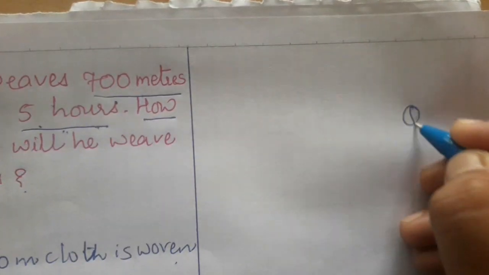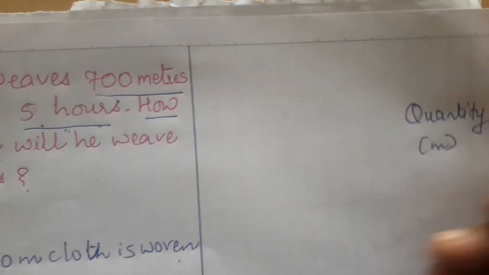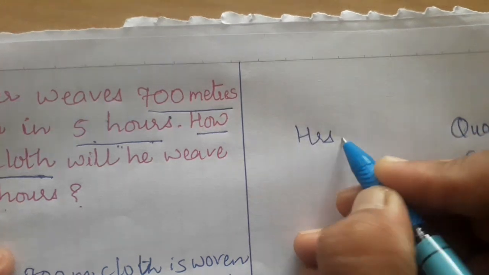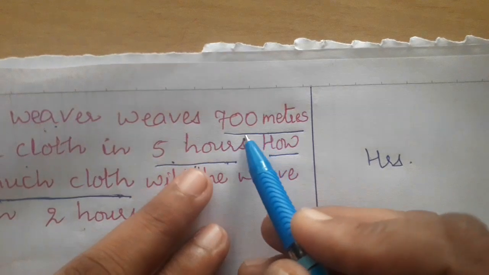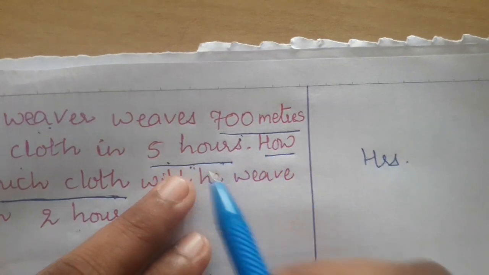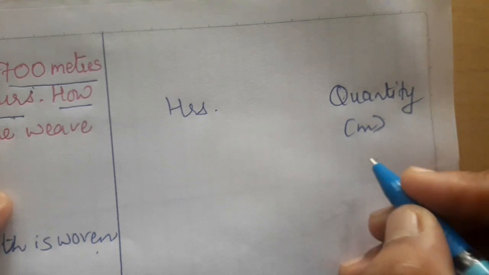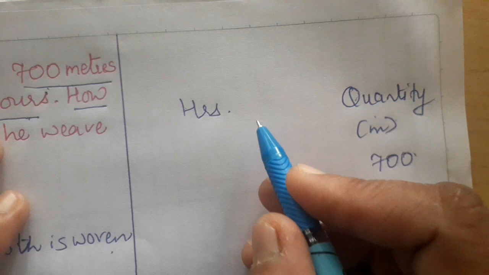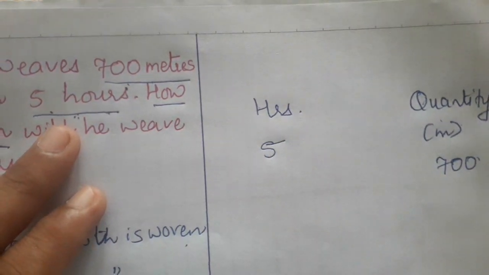So I will write here quantity, that is in meters, and here you are going to write hours. Now read the question, 700 meters and 5 hours. So 700 meters, I should write in the meters column. So I will write here 700 meters. And here this is given as 5 hours, so 5 hours I will write here.